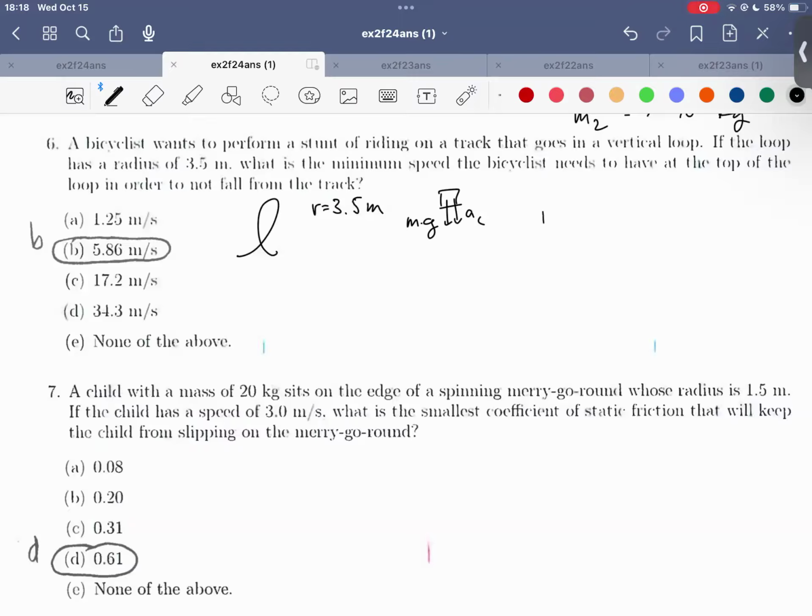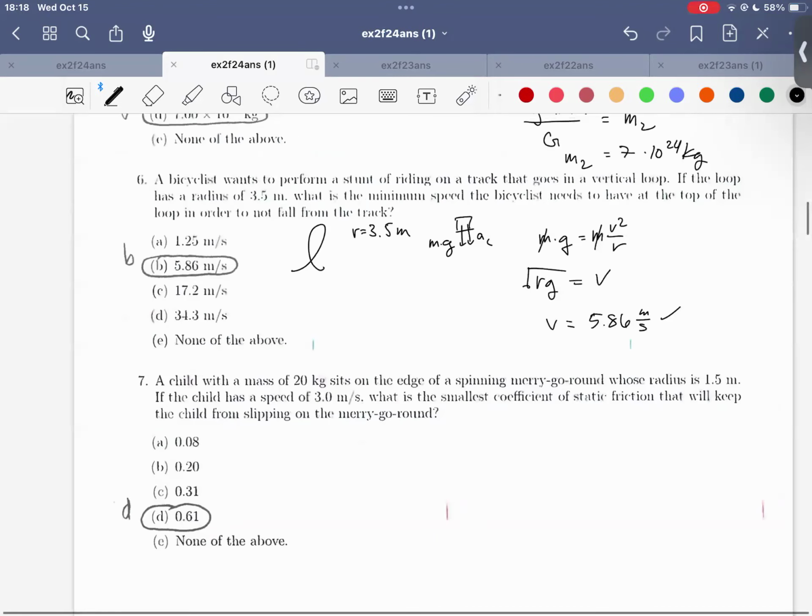So from here we can say this, and now we cancel again, root of r g equals velocity. Now we solve for velocity, and we should get the answer from there. Okay.